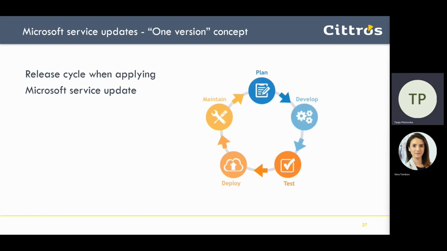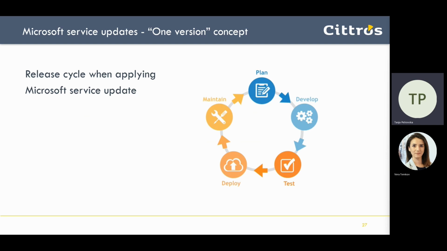After applying any Microsoft updates, you should verify and test those changes before they hit production. The release cycle that Vera explained earlier in the presentation is also valid for applying Microsoft service updates. First, you start by planning your updates using the Microsoft release schedule. Next is the develop phase, and the code in the service updates is already developed by Microsoft.